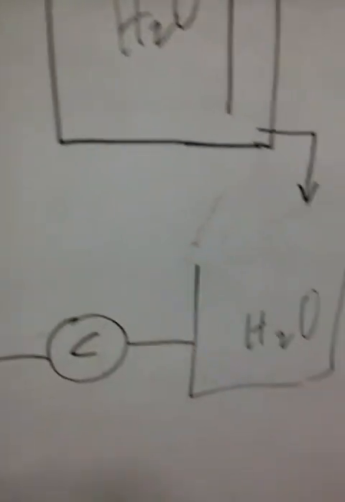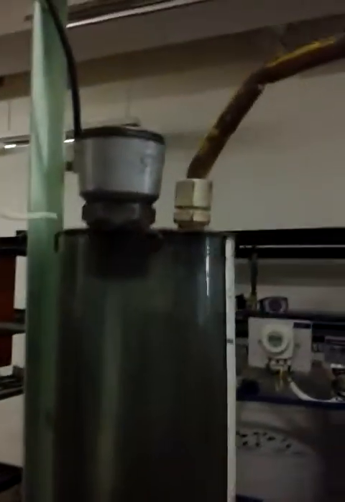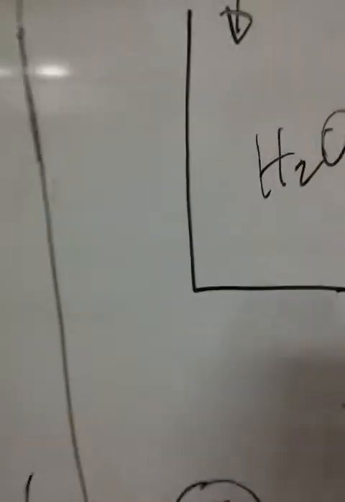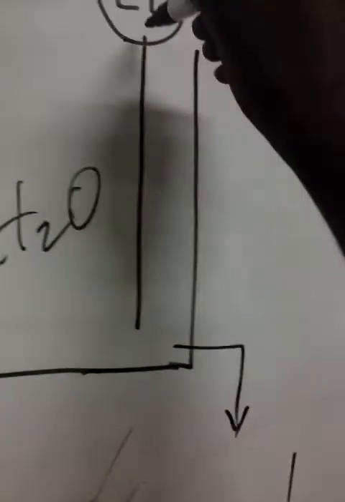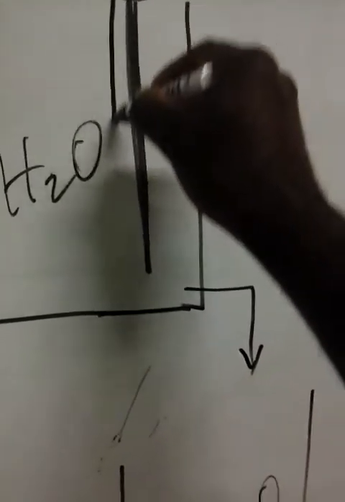Then for the next section you need to be able to identify the type of sensor used. For instance, for this application we use a capacitor probe level sensor, the one you see there. The sensor is made of a metal strip which needs to be insulated.